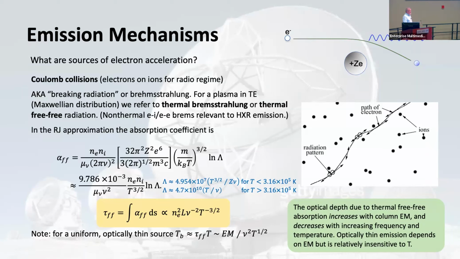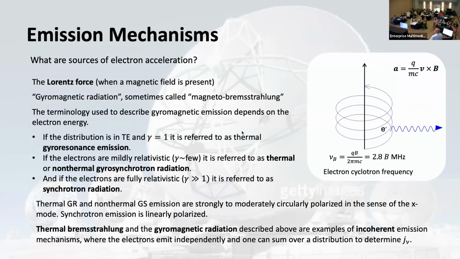Okay? What's another acceleration mechanism in the corona? If there's a magnetic field, then there's a Lorentz force. And if there's a Lorentz force, the electrons undergo a continuous acceleration perpendicular to their trajectory, perpendicular to v.